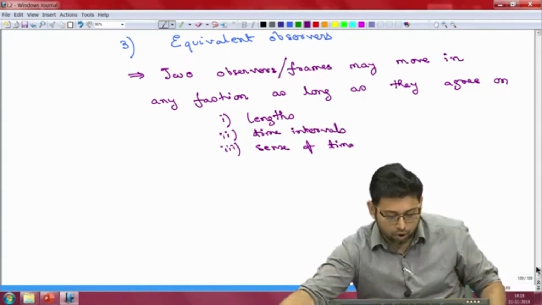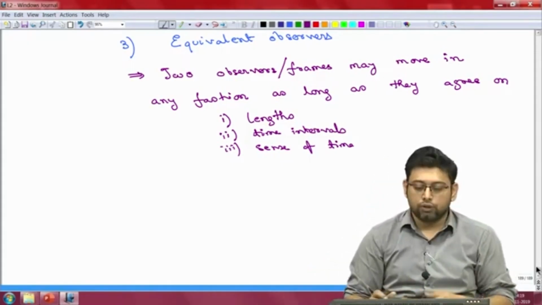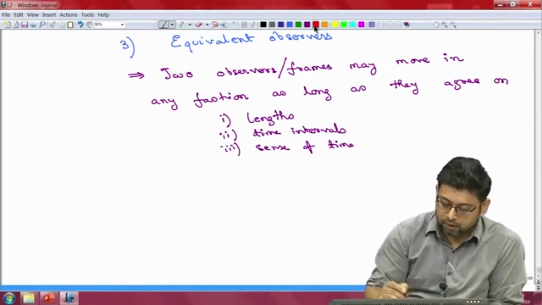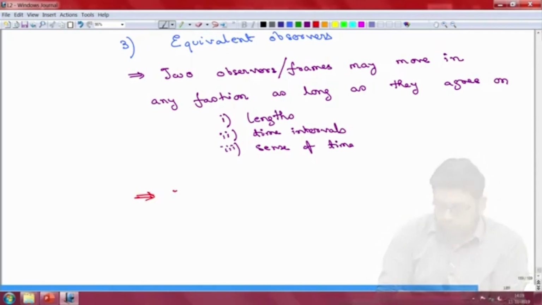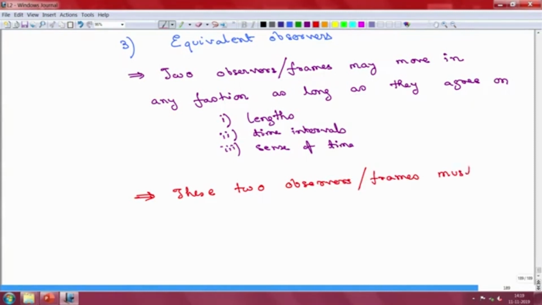You can show that these two observers or frames must be related by a general rigid body motion. And the rigid body motion involves rotation and displacement.